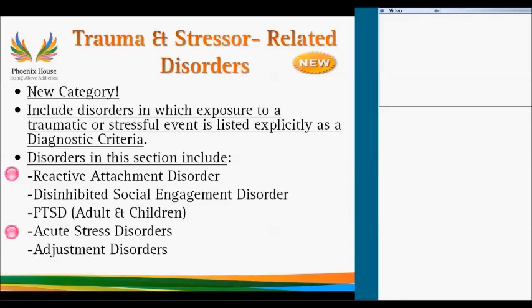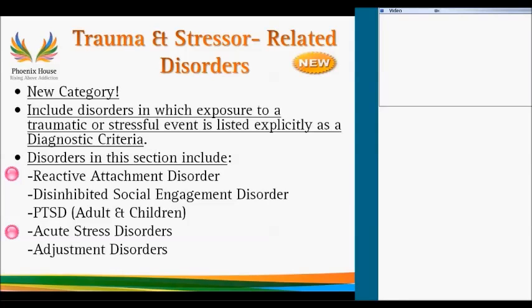The assumption as far as this presentation is that this is just a review of the changes. Although I love to talk about trauma, I'm going to try to keep this as brief and relevant as I can. The disorders in this section include reactive attachment disorder.